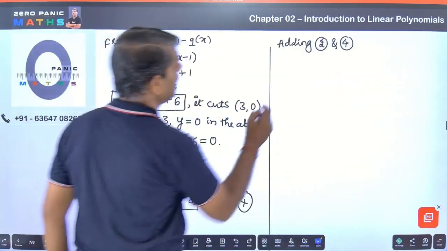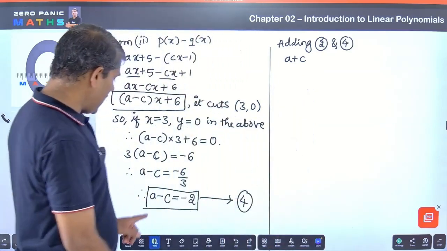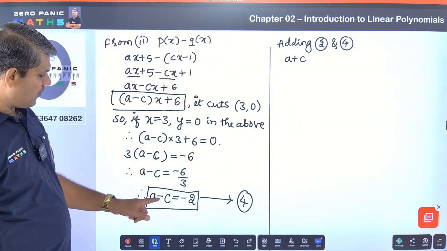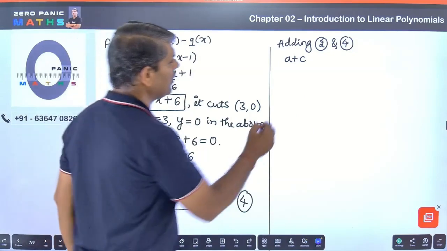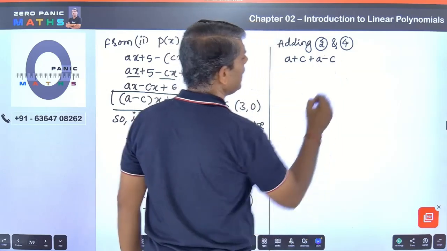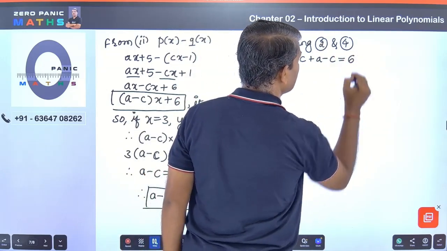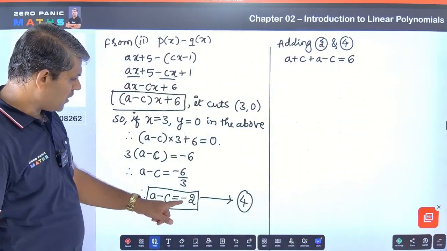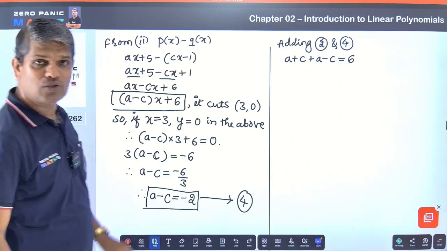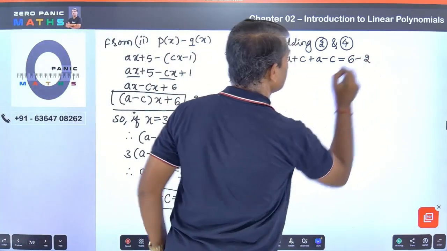Let me write that: a plus c. And what is the left side of equation 4? A minus c. So plus a minus c is equal to, equation 2's right side is 6, and equation 4's right side is minus 2. You're getting it, right? 6 minus 2, it's a simple calculation.